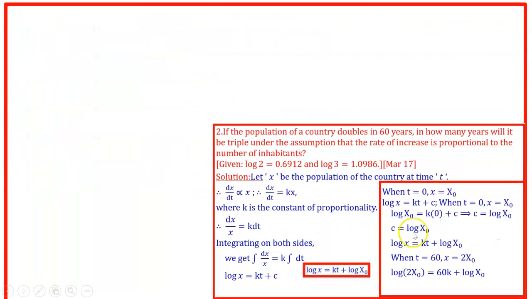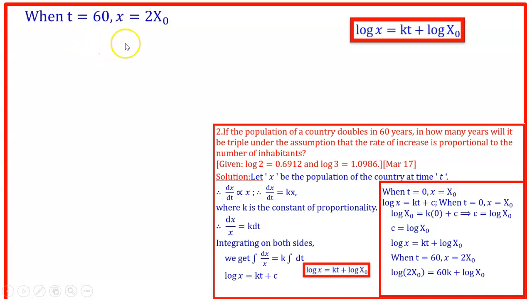So when t = 60, x = 2x0, log(2x0) = 60k + log x0.